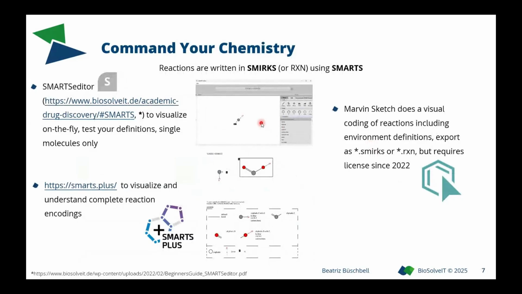The reactions are usually written in SMIRKS or RXN using SMARTS. To give a brief distinction, SMIRKS or RXN basically means it's based on the SMARTS code, and it describes how parts of the molecule change.